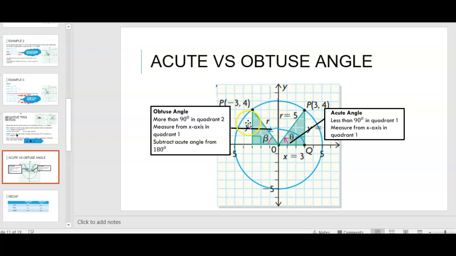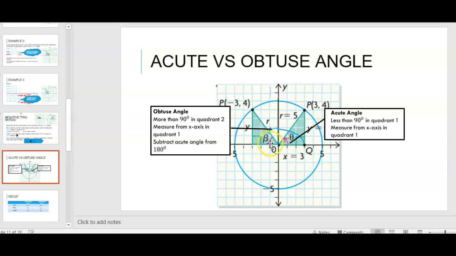For angles that are more than 90 degrees but less than 180, which are only in the second quadrant, those are what we call obtuse angles. To obtain the measure of the angle from the positive side of the x-axis to quadrant 2, we are going to subtract the acute angle that we found from 180.